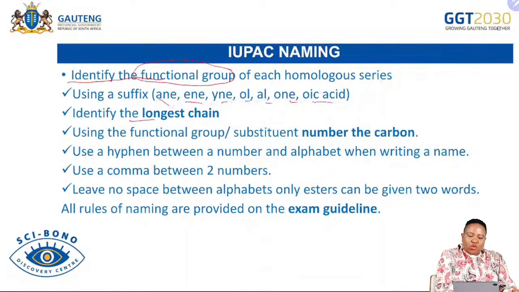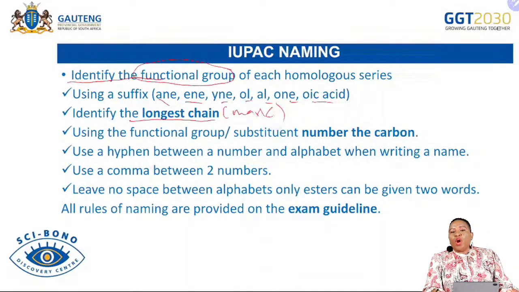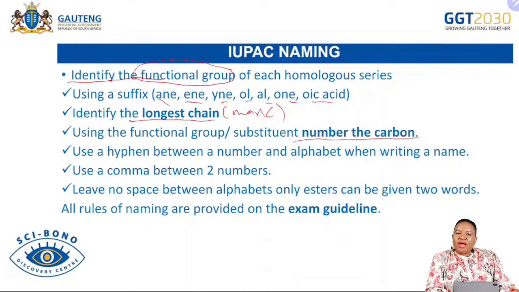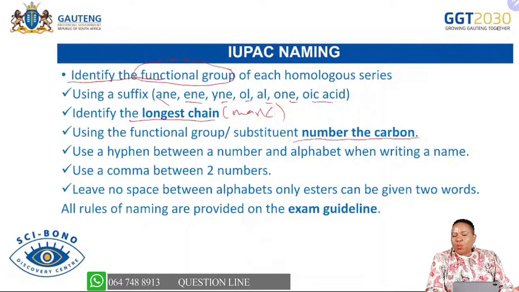Then the next thing is to identify your longest chain. Remember, for the longest chain you will always get a mark, because identifying the longest chain is a skill. When you identify the longest chain, you are not numbering the carbons, but just saying how many carbons in the longest chain are successively connected to each other. Then that's when you can do the numbering of carbon. Remember, the numbering will depend on many things. It can depend on where the functional group is, in cases where the compound has a functional group.